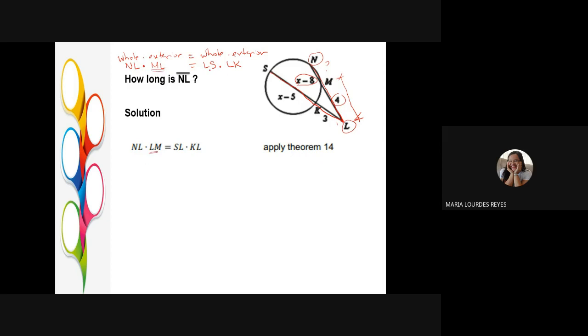You said earlier, SL or LS. This is it. LS, SL, then LK, which is also the same as KL. Okay? So, because of Theorem 14, whole times exterior is equal to whole times exterior. We substitute that. There it is.